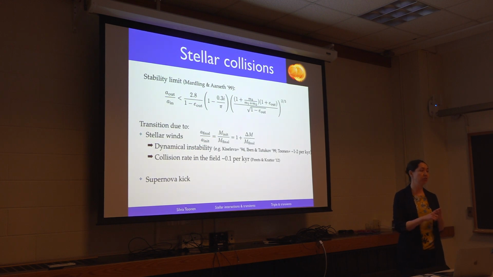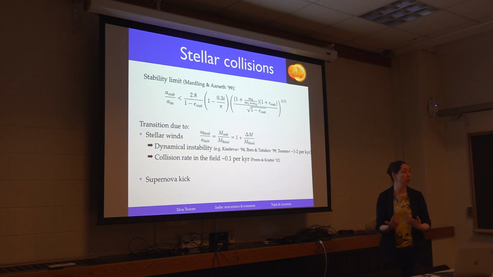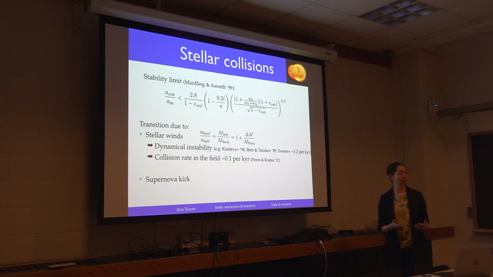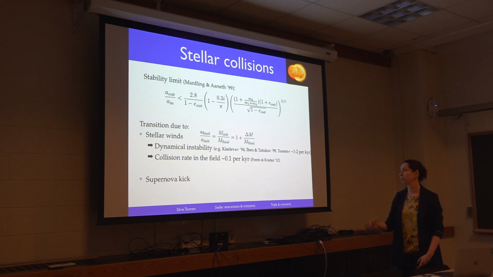Now the inner binary has two stars, so relatively it's losing more mass compared to the triple as a whole. So that inner binary is relatively widening more than the outer. So these two orbits start coming closer to each other, and this is how we can drive a triple that used to be stable over the stability limit and make it unstable.